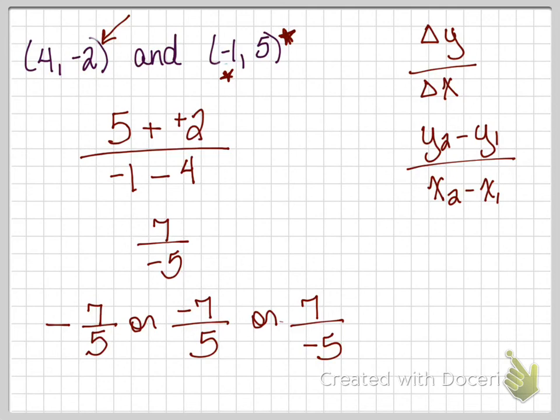In the numerator. So I typically always encourage you to deal with it in the numerator. But all 3 of these are correct. What it does not mean is -7 over -5. -7 over -5 is what? Positive slope. So be careful there. Don't overcompensate with your negative.